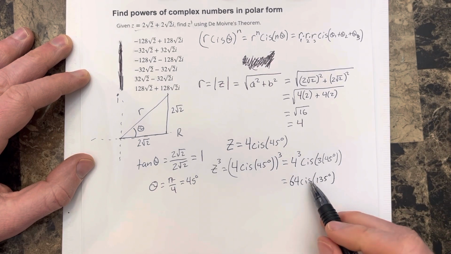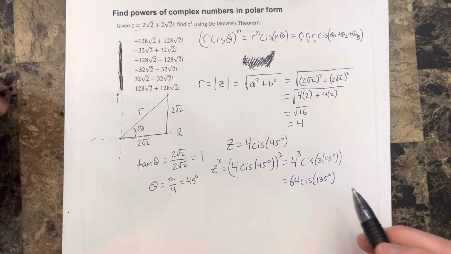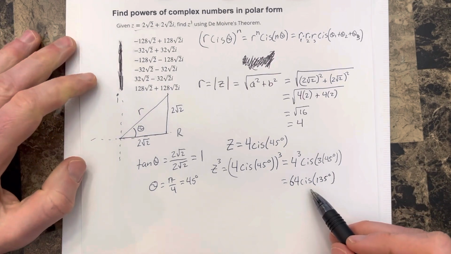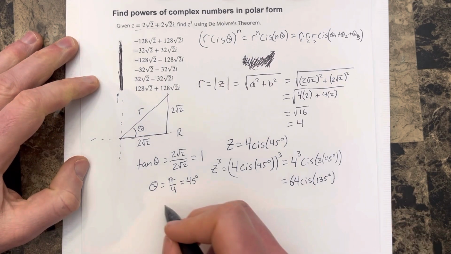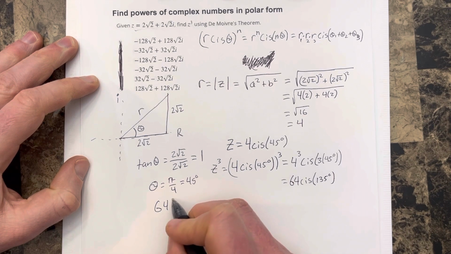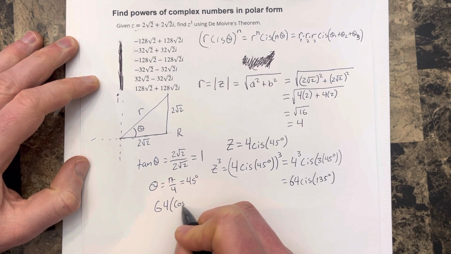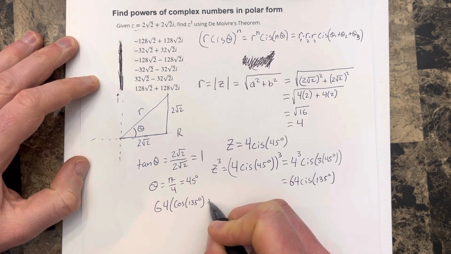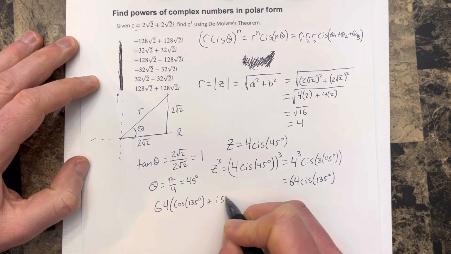And so we end up with this in polar form, but they're actually wanting this in complex form. So I gotta now take that and rewrite this into basically the imaginary form. So to do that, I'm gonna say that 64, we're gonna expand this, cosine 135 plus i sine 135.